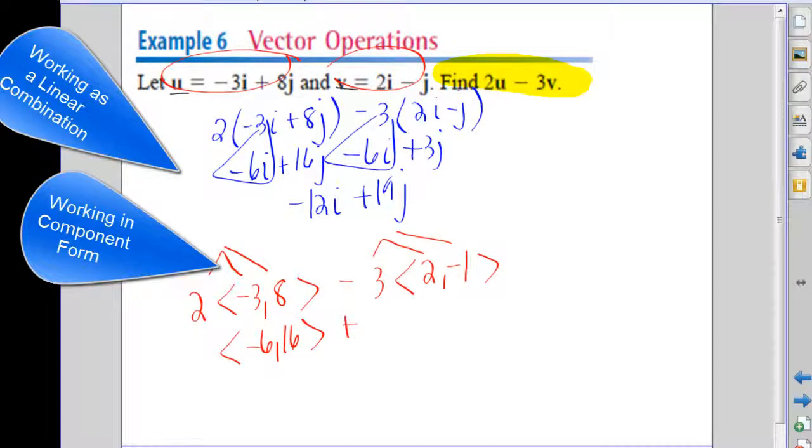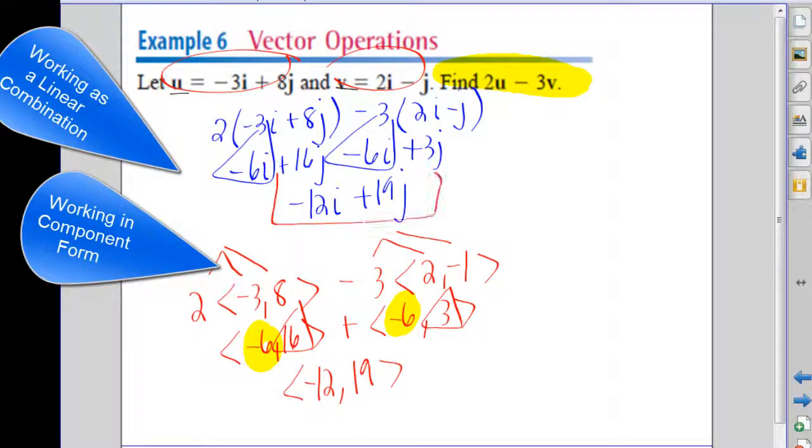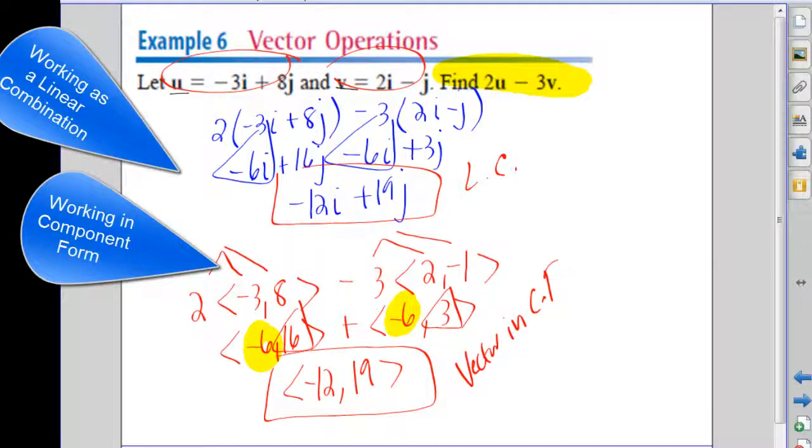So by distributing the negative, the sign between the two vectors becomes positive. -6, comma, +3. Now adding -6 to -6, we get -12, and 16 plus 3 is 19. So same answer two ways, either as a linear combination or as a vector in component form.